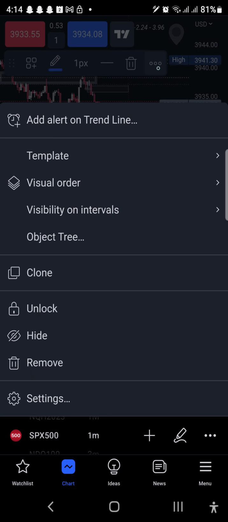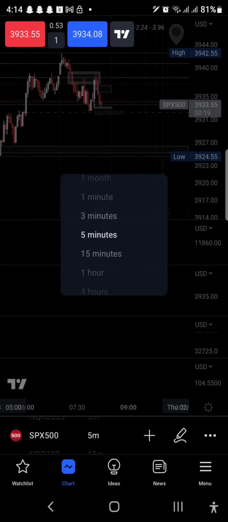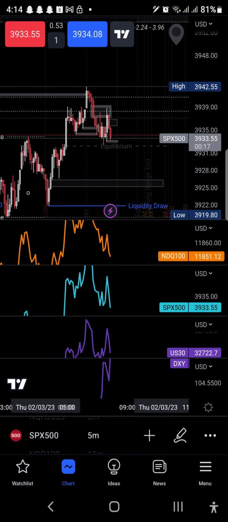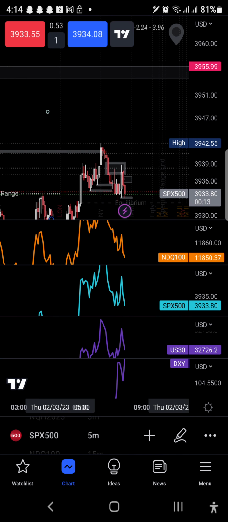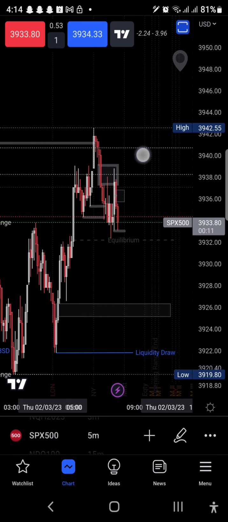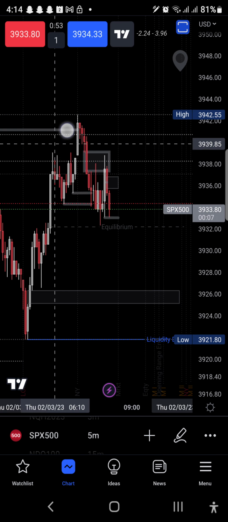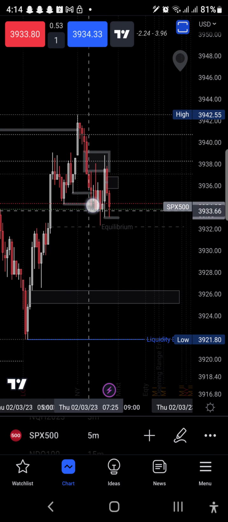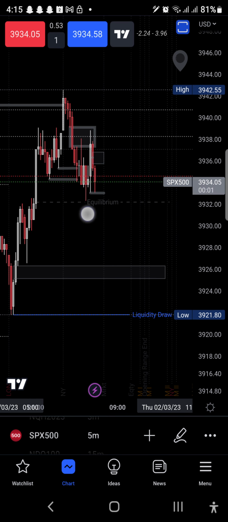Right. And what else? Higher time frame. Or do you have higher time frame analysis? This is a 5 minutes. This is gonna be my go-to chart, my bellwether chart, and I'm just gonna watch and see exactly the 2022 model forming up, and I'm gonna be able to catch it.